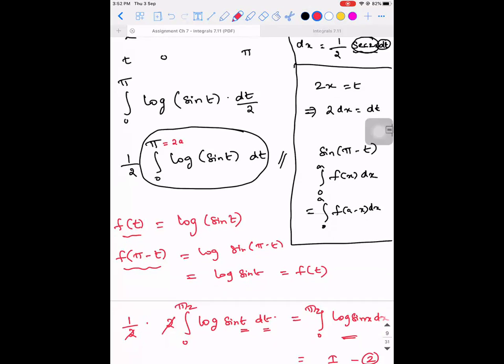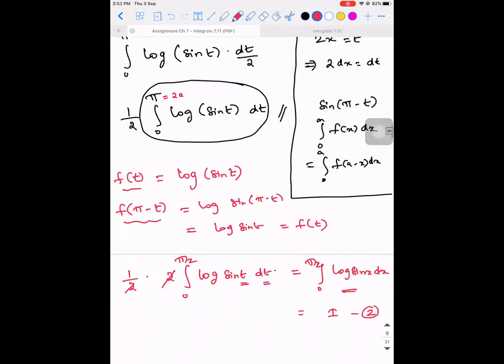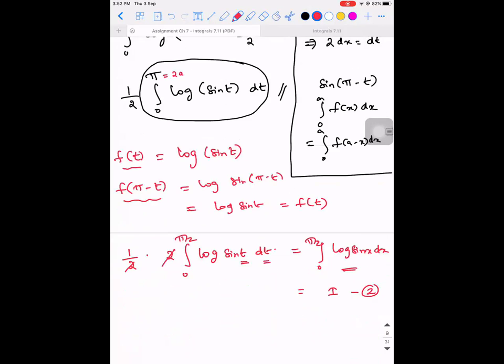I hope it is clear. So this is the second equation.